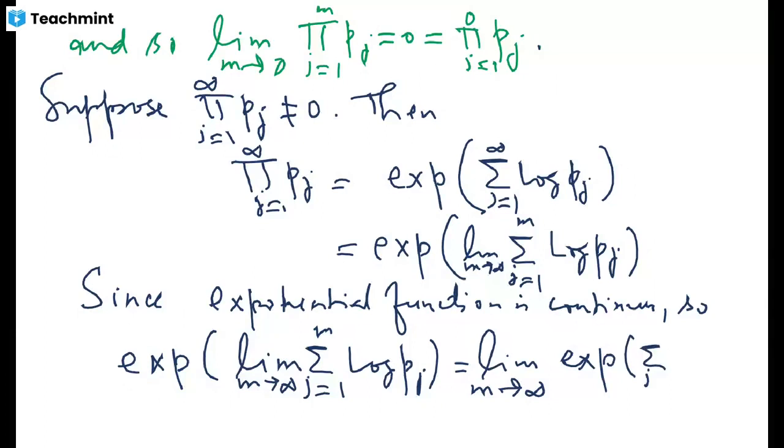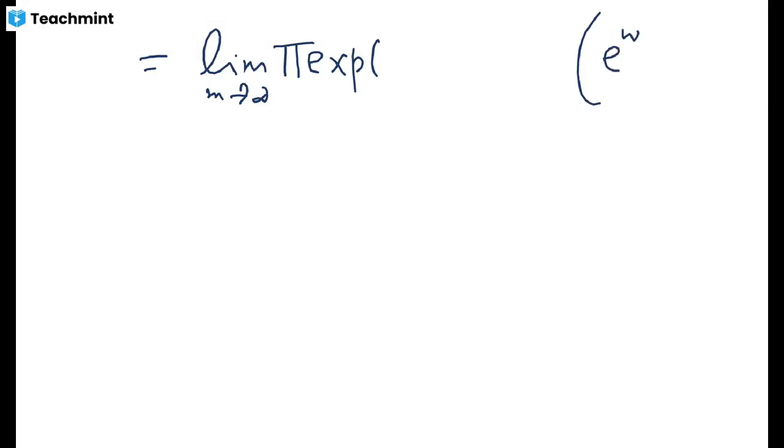And now using the property of the exponential function, I can write it as limit m tends to infinity of the product, because a sum gets converted into a product in the form of the exponential. You have this identity: e of w1 plus w2 is e of w1 times e of w2.